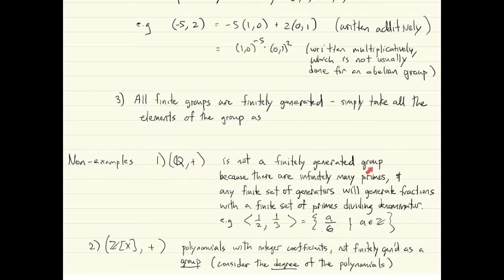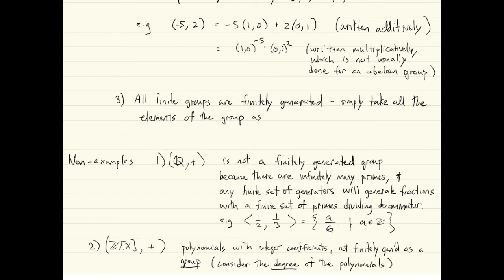This is not a finitely generated group, and it turns out the reason is that there are infinitely many prime numbers. If you did have somehow a finite set of generators, those generators will generate fractions with only a finite set of primes dividing the denominators. So for example, suppose 1/2 and 1/3 generated for some reason this group Q of rational numbers.